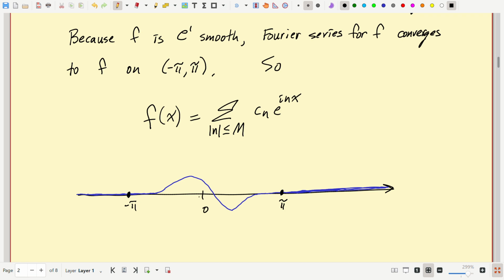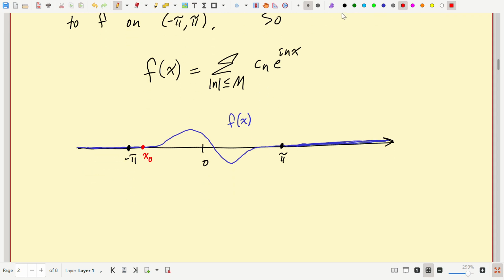All right, so here's the weird thing. I've got f as a trig polynomial. And here's f right here, this blue stuff. And what's bugging me here is that, look, there's a spot over here where f is identically 0 in a neighborhood of x naught. So what I see there is a trig polynomial that is identically 0 in a neighborhood of x naught. So that's too weird. How would that be possible?